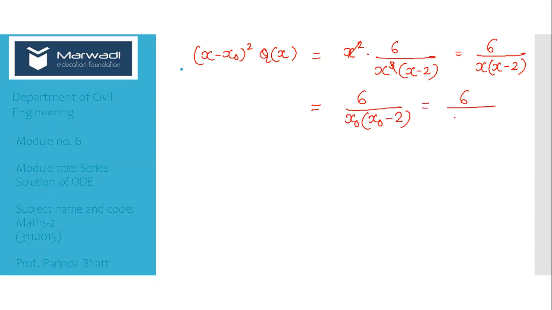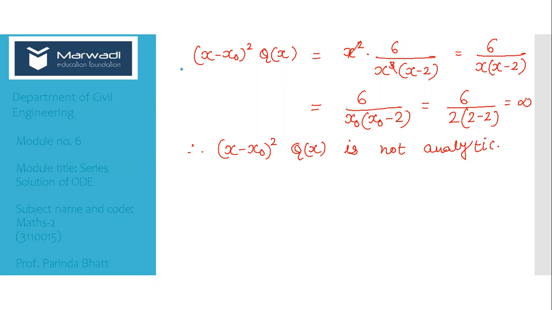Therefore, 6 by 2 into 2 minus 2, which is infinite. Therefore, the second condition is not satisfied. Therefore, is this point regular or irregular, Kinjal? Irregular. Yes, it is not analytic. Now you can mute yourself. Thank you very much. It is not analytic at x0 equal to 2.